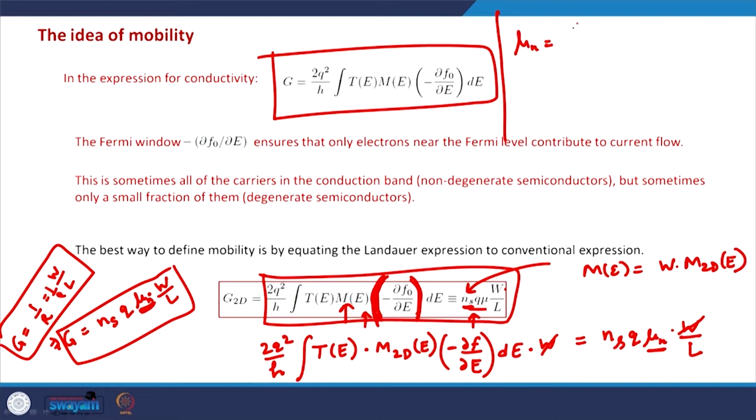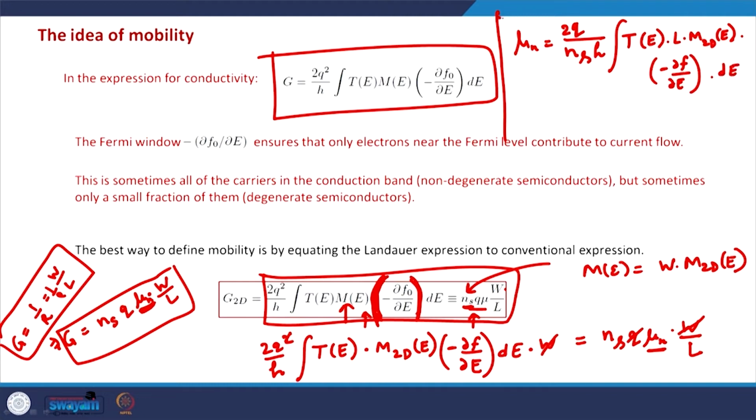Q cancels one of the q's, it will be 2q by h on this side, and we have T(E) times L times M2dE times minus del f by del E into dE.